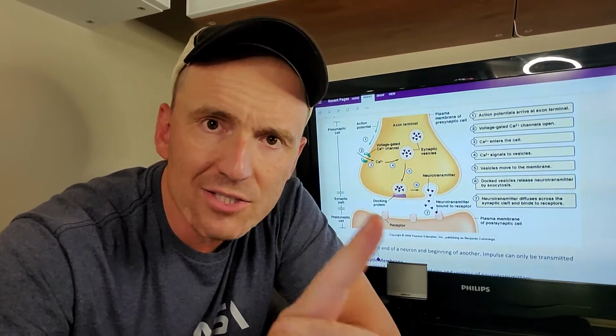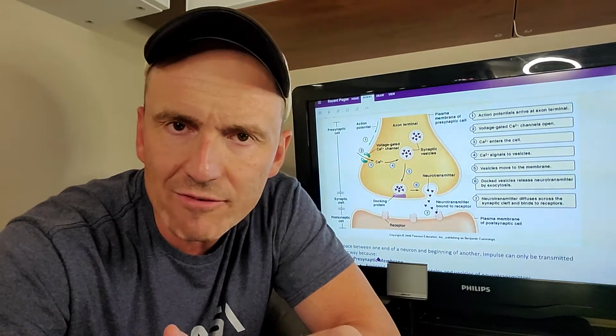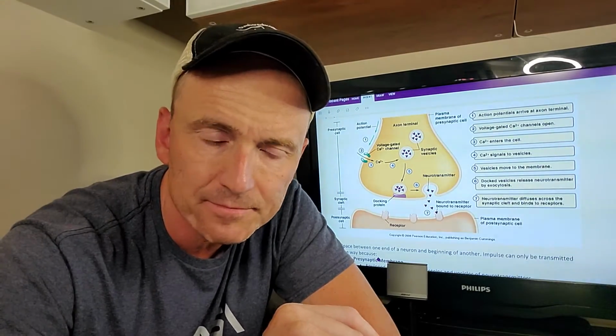And then down here you've got the organ or the gland that is being affected by the parasympathetic system. The difference between the two systems is here. The nerves run from different places, but also there are the vesicles and the neurotransmitter that they contain.